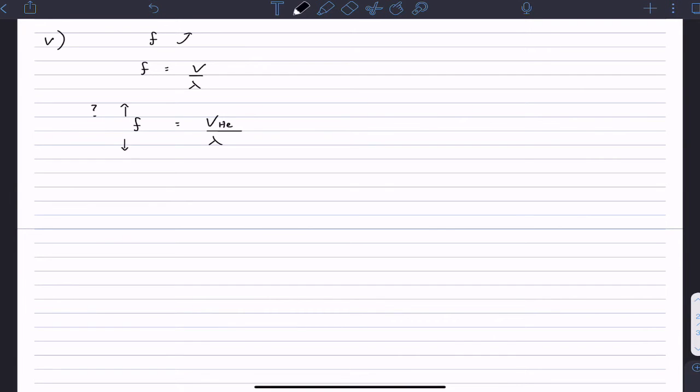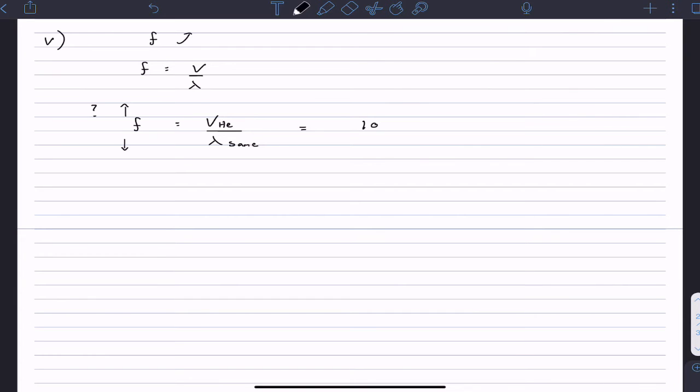Well, if we have a tone happening and then we put it in the medium, this thing is going to stay the same. That's going to have to be the case. It's supposed to say the same, right?